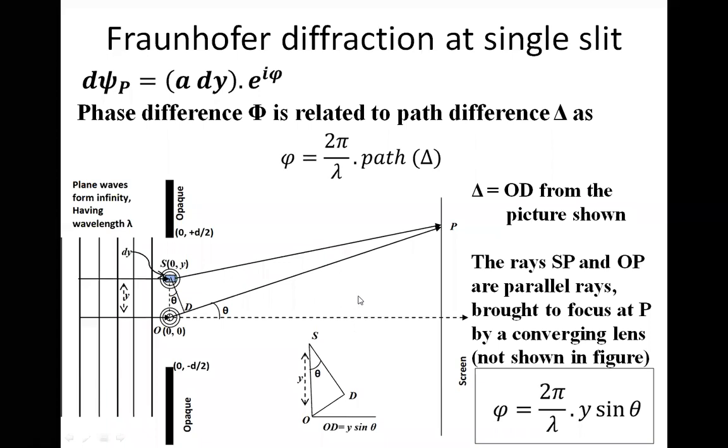That's why I intentionally omitted that convex lens here. Actually, these are parallel rays. So if you take two parallel rays and if you drop a perpendicular in between, can't you calculate the difference of distance between the two? After S to P, after D to P, the distance is the same. So the only difference comes from the OD. That extra path I am trying to calculate.